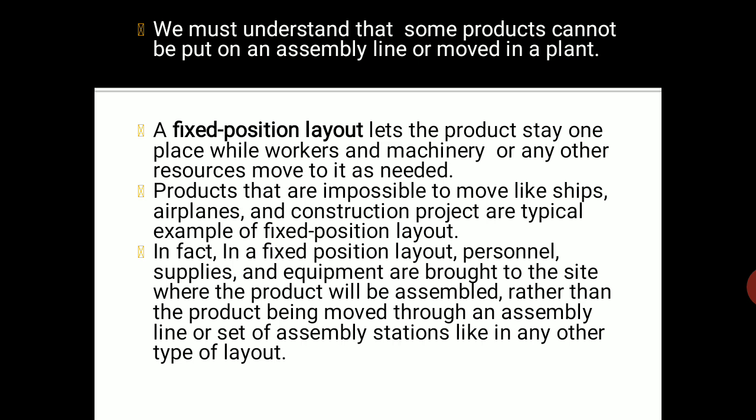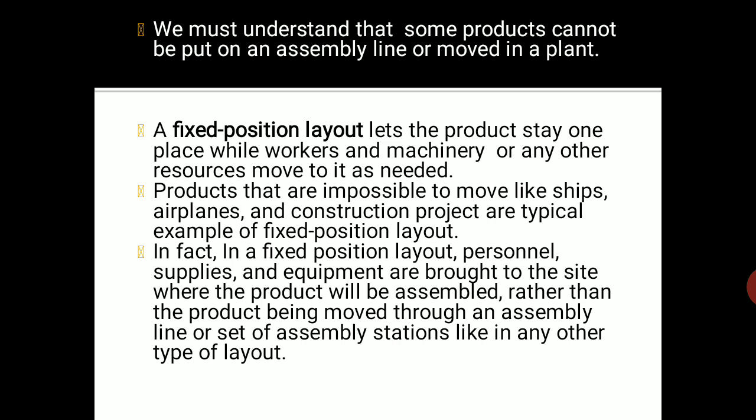at its position. In fact, in a fixed position layout, personnel, that means people, supplies and equipment are brought to the site where the product will be assembled, rather than the product being moved through an assembly line or set of assembly stations like in any other layout.